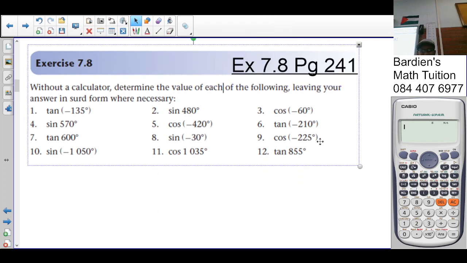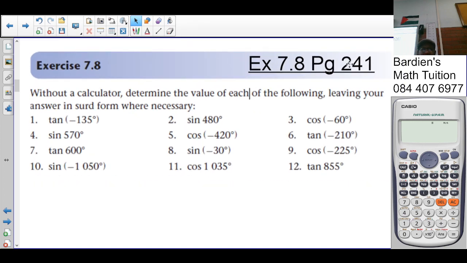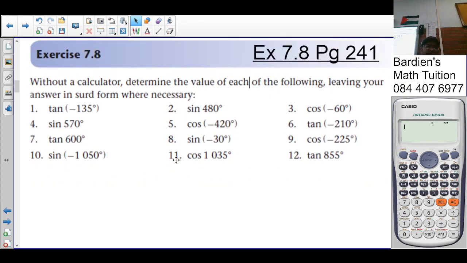Thank you. Right, exercise 7.8, page 241.